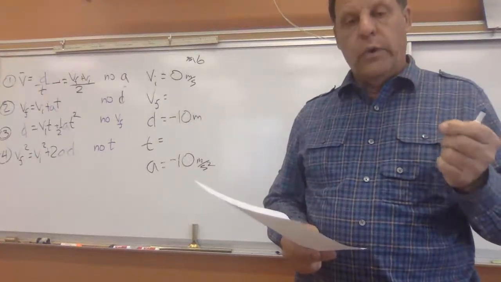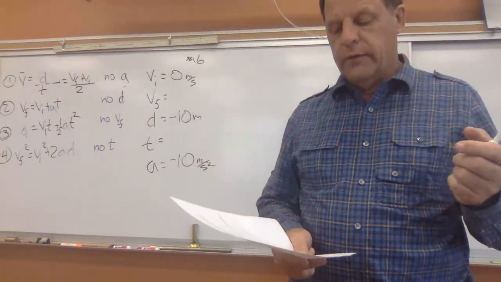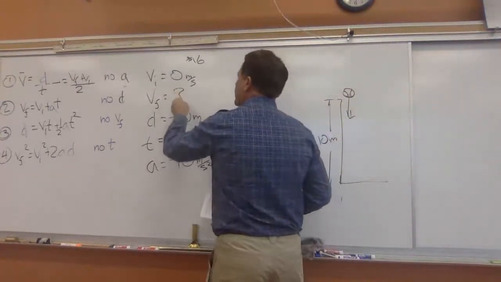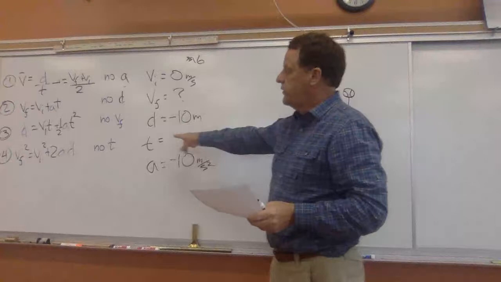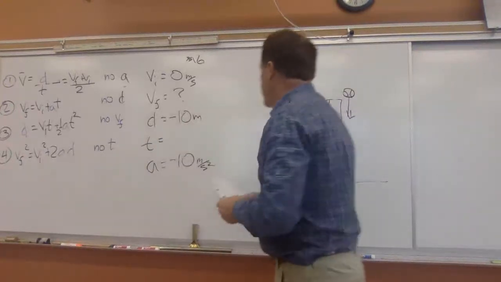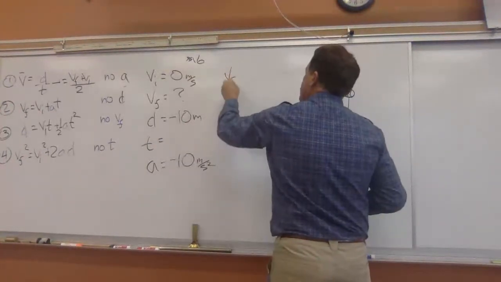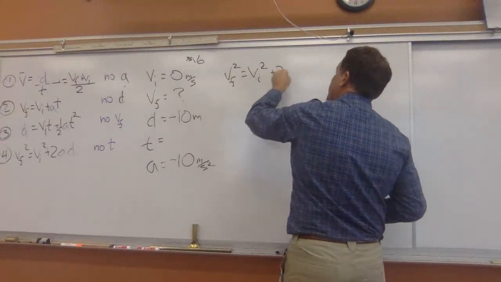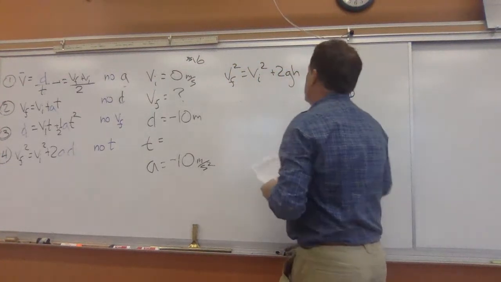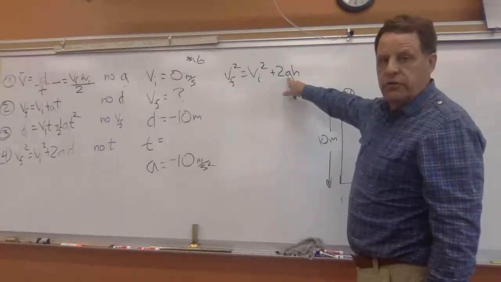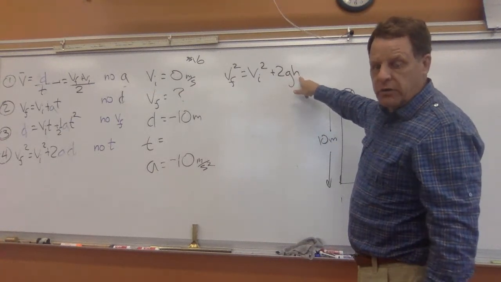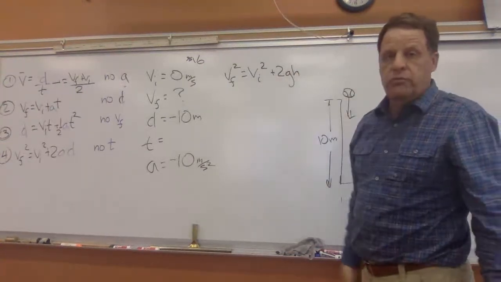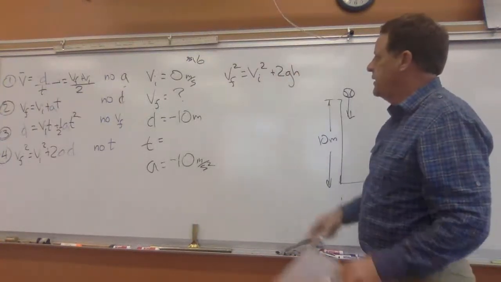Okay, so now we want to know the final velocity. This is what we're looking for, and they don't give us time. Therefore, we're going to use equation number 4. V final squared is equal to V initial squared plus 2GH. Now, the G is just acceleration and the H is just distance. So you could plug it in like this, or you could put AD, it doesn't matter.